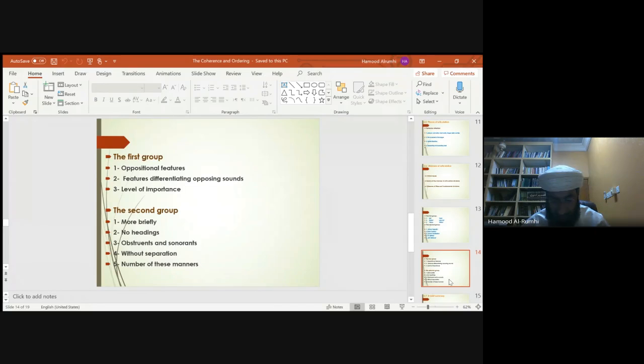Also, it seems that the presentation of these opposing manners is done according to their level of importance. The second group is explored more briefly than the manners in the first group. There are no headings separating these manners from the first group.